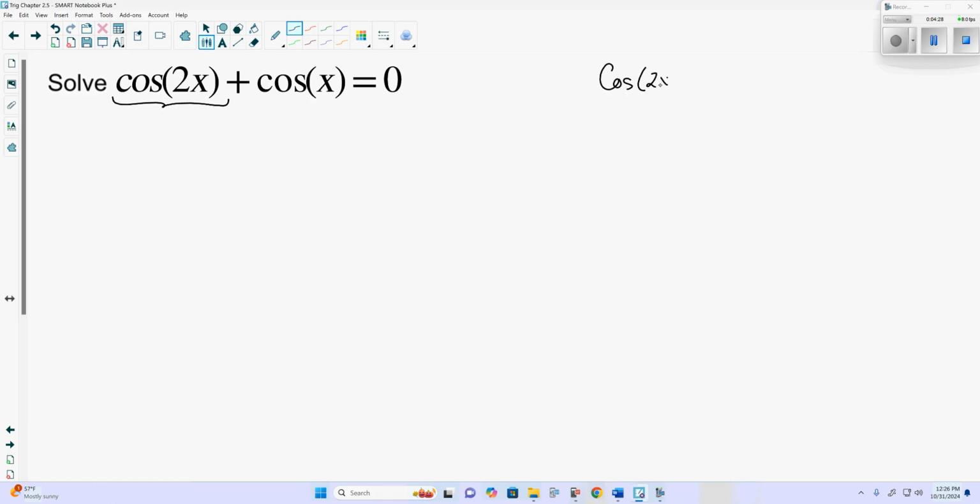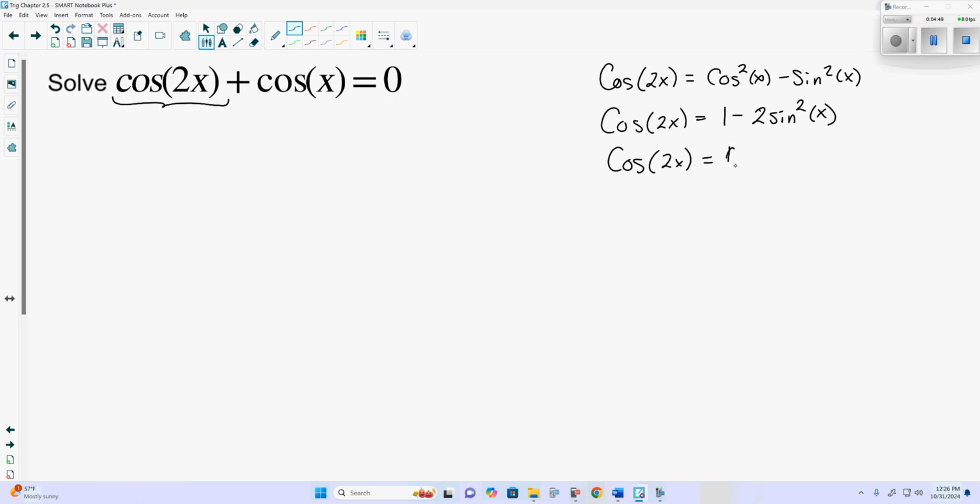Now cosine of 2x is equal to cosine squared of x minus sine squared of x. Cosine of 2x is also equal to 1 minus 2 sine squared of x. And cosine of 2x is also equal to cosine squared of x minus 1.